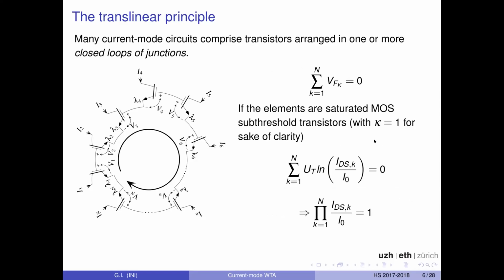The definition translates into a formula. Basically, it's saying that if you have a loop in which the sum of the voltages that determine the translinear elements, so in our case, if we have MOSFETs, the gate-to-source voltages, the sum of these VGSs is equal to 0, then the product of the currents flowing through them is equal to 1.